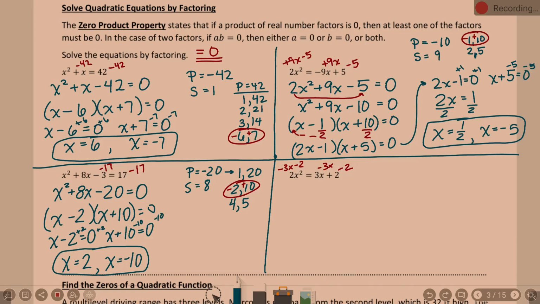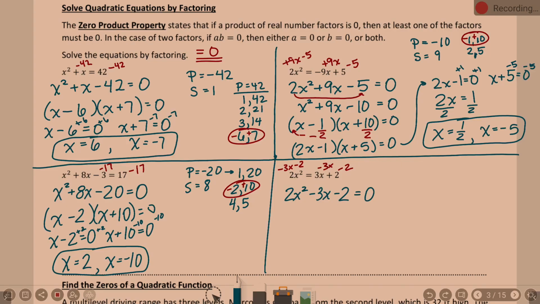So on the left now, 2x squared minus 3x minus 2 equals 0. Is there a GCF? No. No GCF?